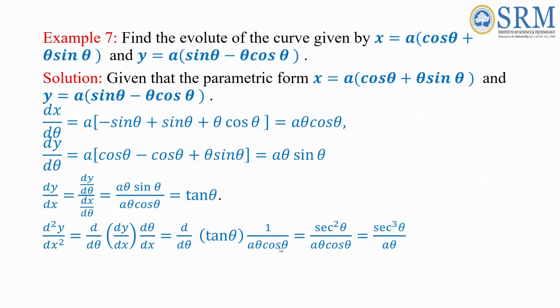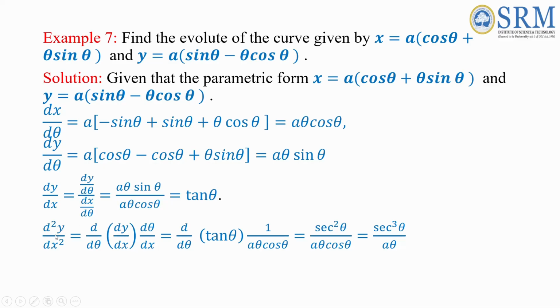From this you find dy by dx. So dx by d theta gives a theta cos theta, and dy by d theta becomes a theta sin theta. So taking the ratio, dy by dx equal to dy by d theta divided by dx by d theta, that gives a theta sin theta divided by a theta cos theta, that gives tan theta.